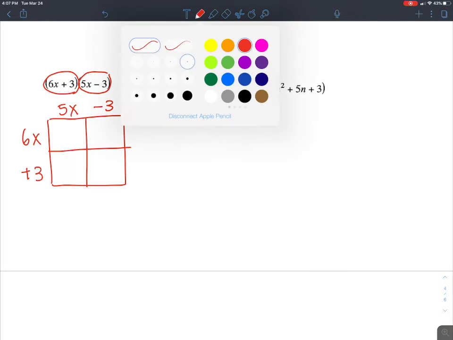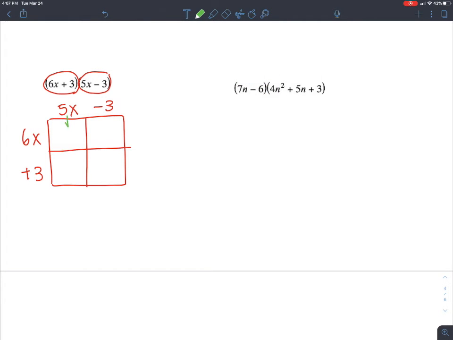So now to find the inside, 6x times 5x is 30x squared, and 6x times negative 3 is negative 18x. 5x times 3 is 15x, and 3 times negative 3 is negative 9.